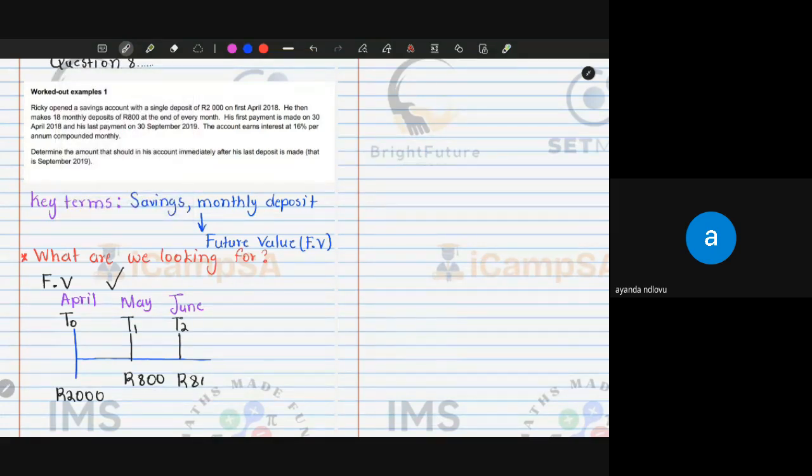So he does his 800 for the longest of time now until he gets to the end, which would be after 18 months. So that would be T18. So 18 months later, T18, that is when he makes his last 800. Do you guys understand?